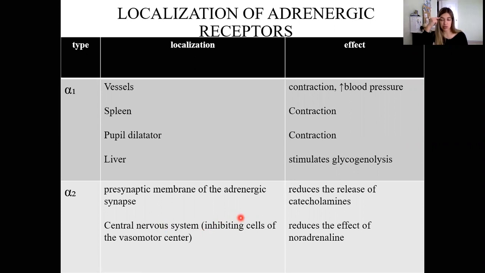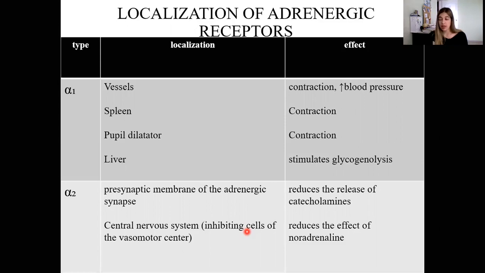Nevertheless, we stimulate because this is the function of the cells. It will reduce the effect of noradrenaline, because noradrenaline is an absolutely stimulating neurotransmitter. And if the cells are inhibiting, they will give the opposite effect.